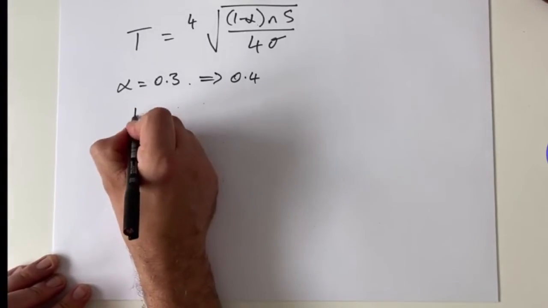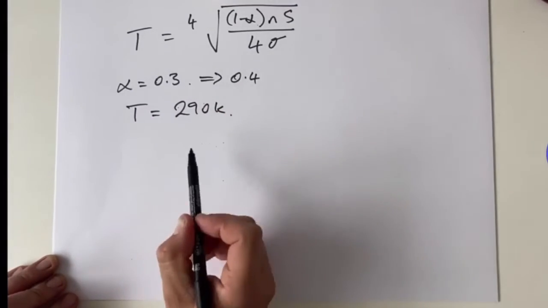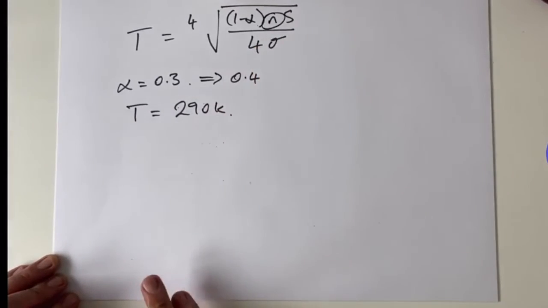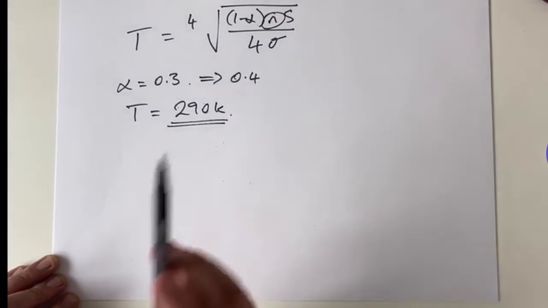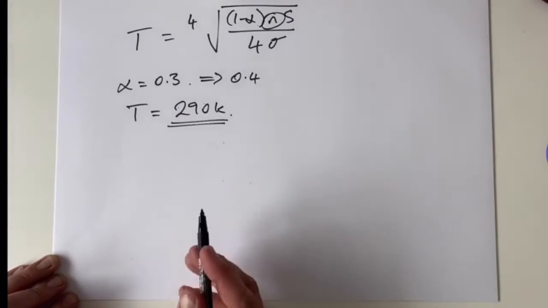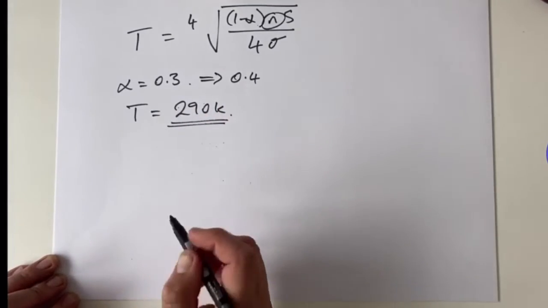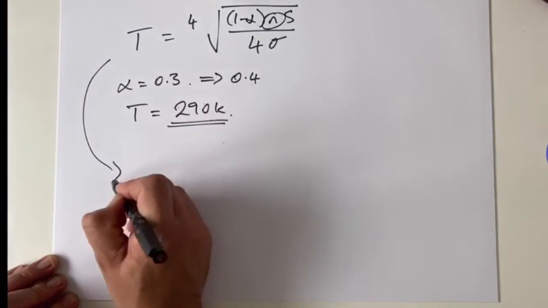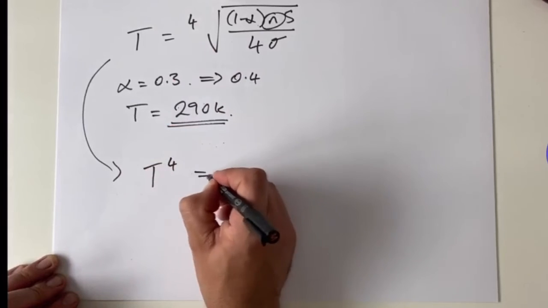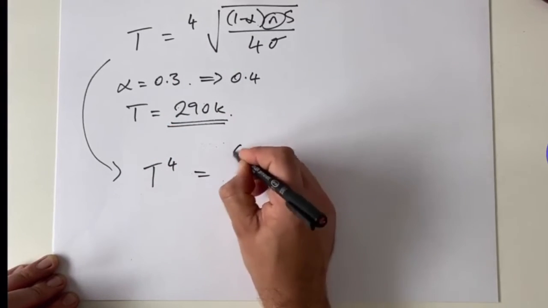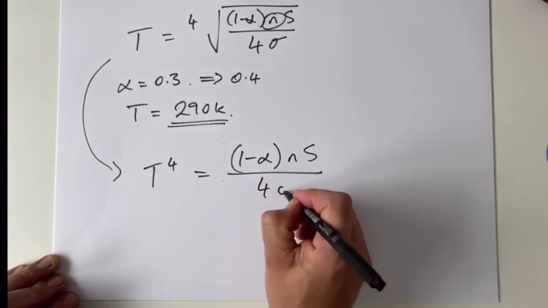So we want the temperature to be 290 Kelvin. So what would n have to be in order for the temperature to be 290 Kelvin, but now alpha is 0.4. So let's rearrange this equation up here so we get n as the subject. Take both sides to the power 4, so T to the power 4 equals 1 minus alpha times n times s all over 4 sigma.